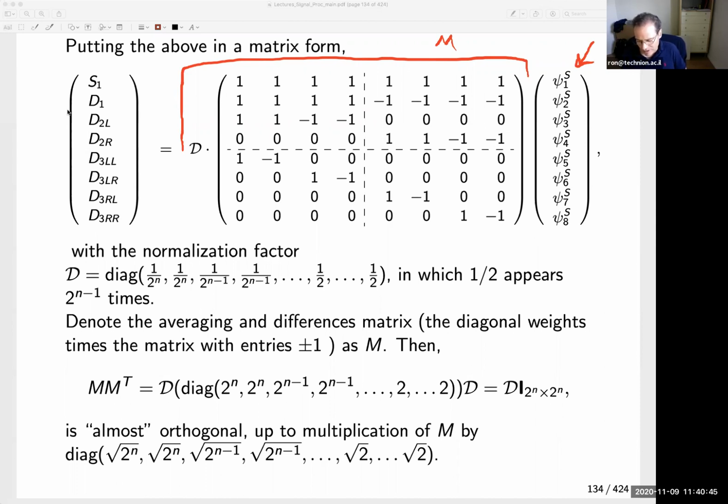And obviously, we see that this basis is orthonormal. So would it be true to claim that M is unitary? Let's check it out. Let's compute M times M transpose.